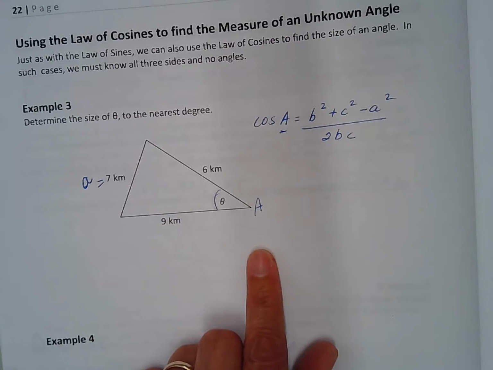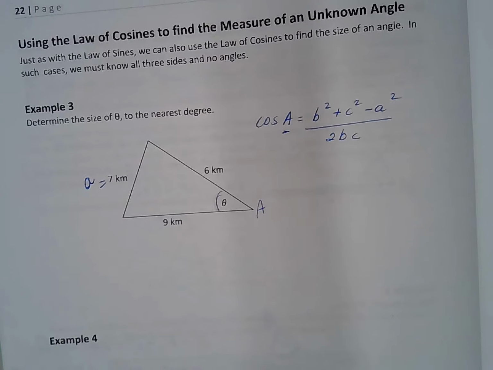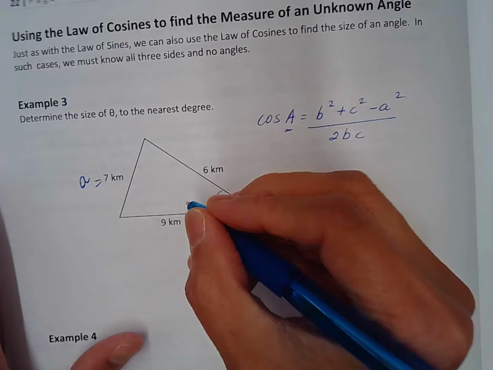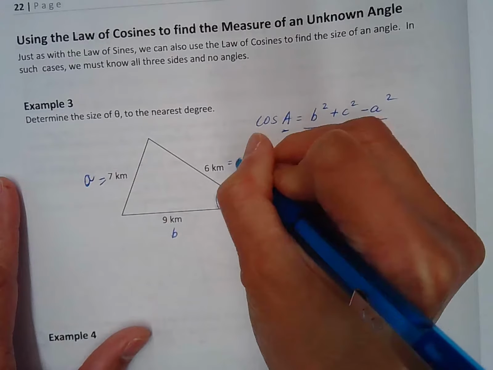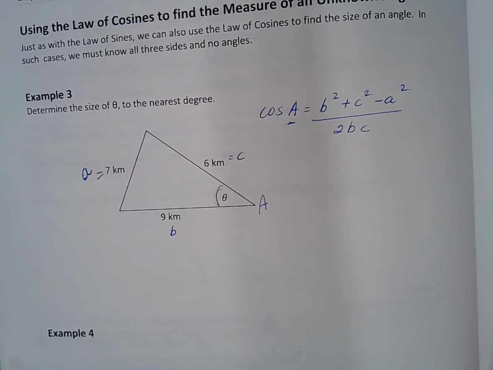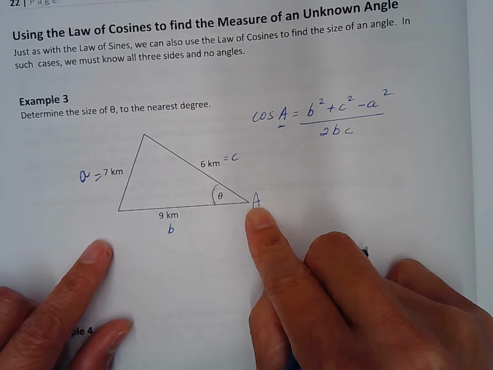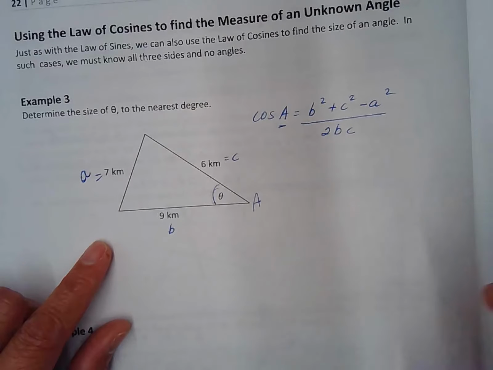Where's your B and the C? It doesn't matter. This could be your B, this could be your C. Is everybody okay with that? No confusion there. You're solving for your theta, that's your angle A.